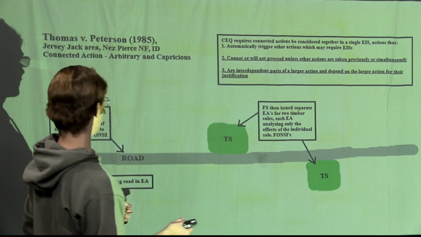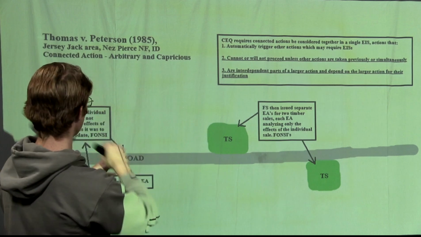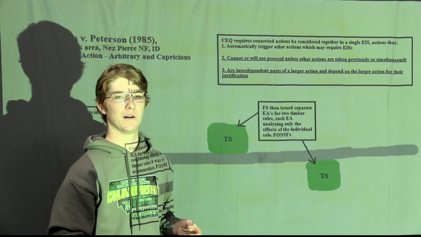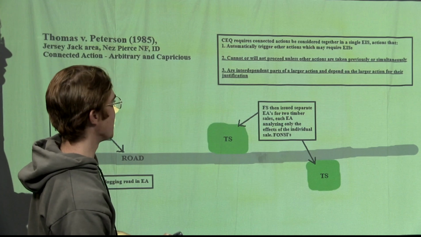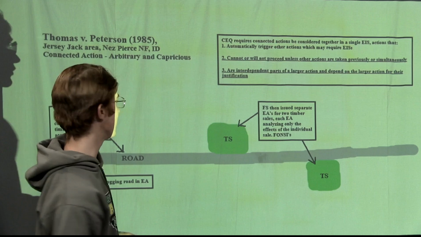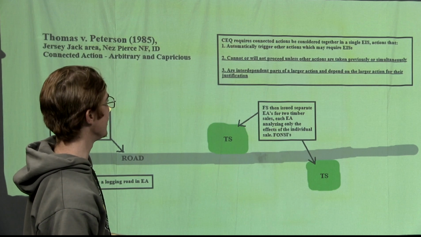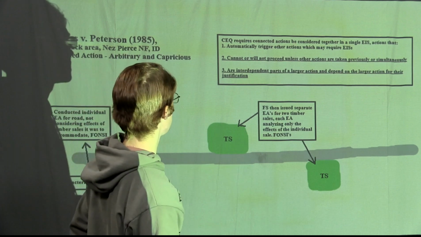And I think this was also argued to be a cumulative action as well, because cumulatively, altogether, this would have a significant environmental impact if you looked at it as one. There was also argument because the area was gray wolf habitat, and there were some endangered species on the table. So there were a couple other things this could have been challenged under the arbitrary and capricious standard as well.